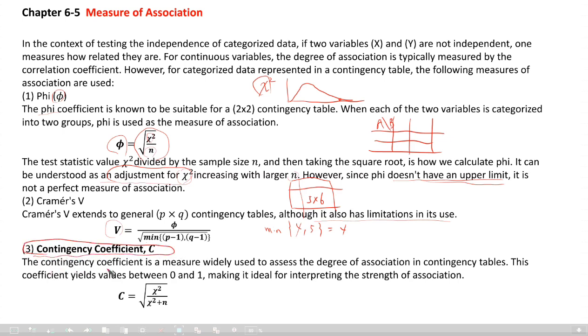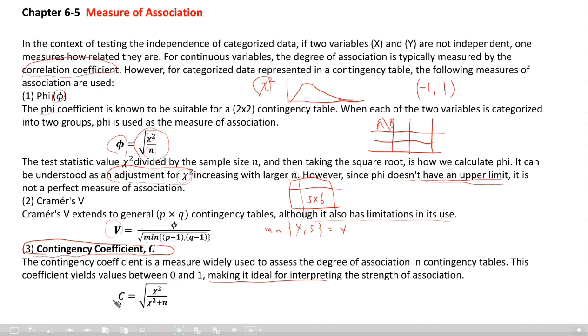The contingency coefficient C is a very famous one. The contingency coefficient is a measure widely used to assess the degree of association in contingency tables. This coefficient has values between 0 and 1, making it ideal for interpreting the strength of association, because we know the correlation coefficient has a range of -1 to +1, right?